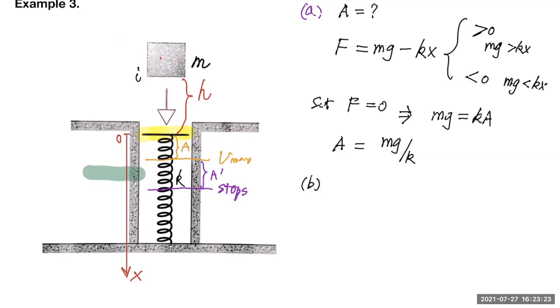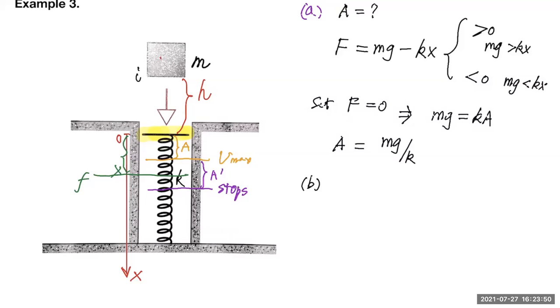This location right here, say here. It's x. So starting from the initial point to the final point where the spring has been compressed by an amount x, at that point I want to find the speed. Then we can see where the speed is the maximum, where the speed is 0, whatever you want.